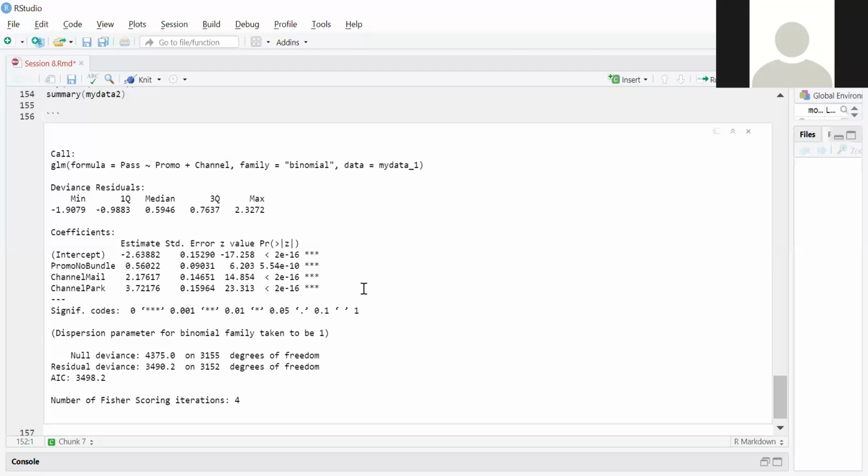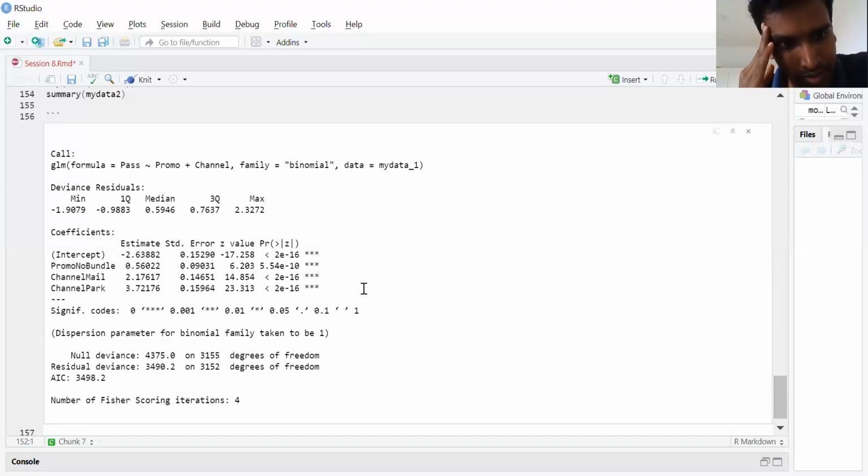Channel park has more influence when compared to mail. And also you can see that it is compared against email. So now we can see an increasing trend, whereas in the earlier case we got a decreasing trend. So the channel email may not have much influence compared to channel mail and channel park.